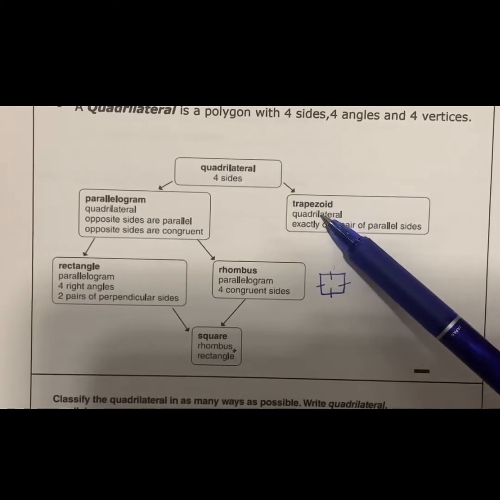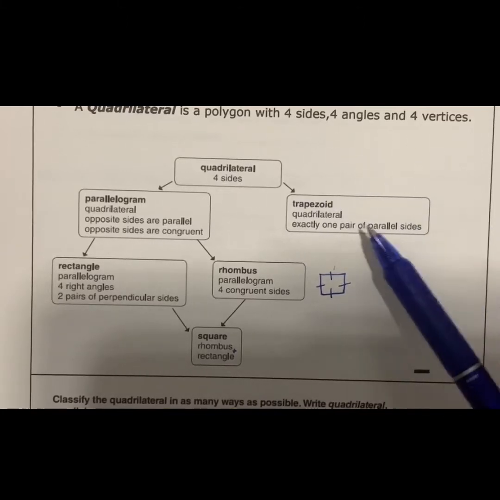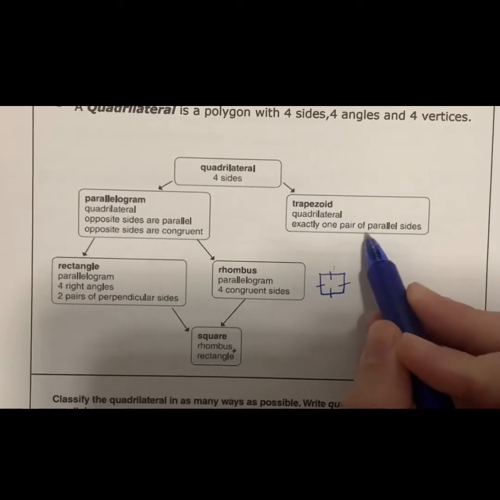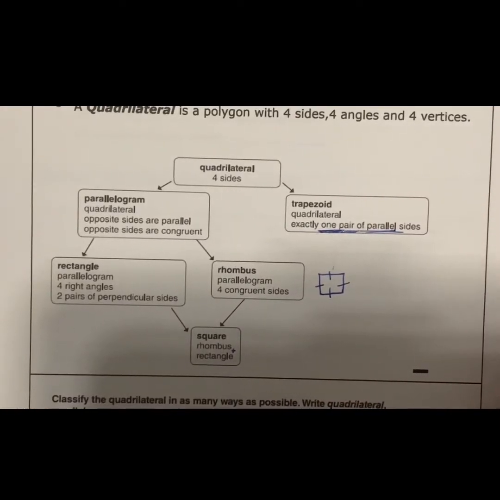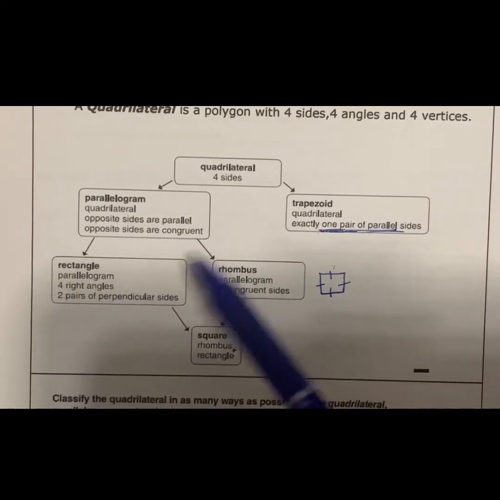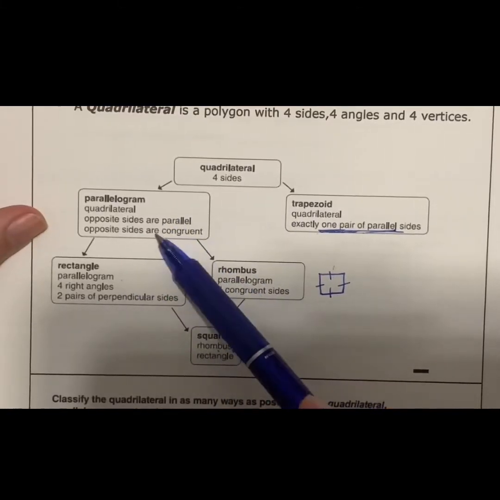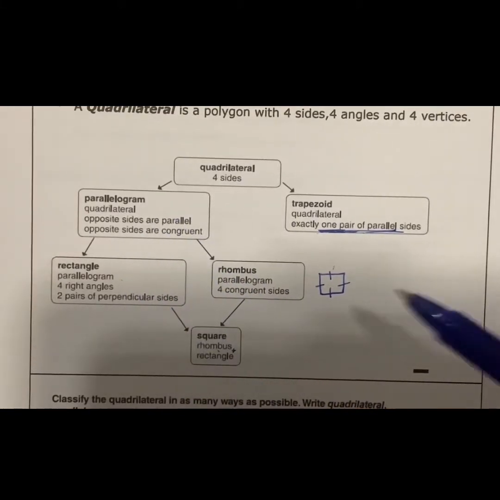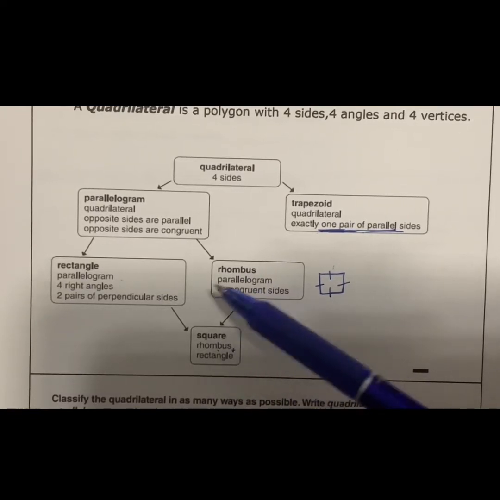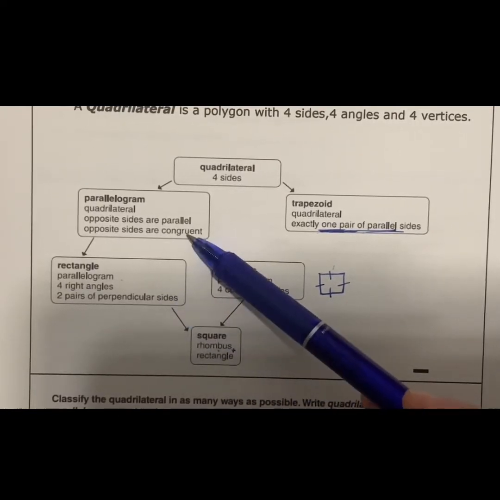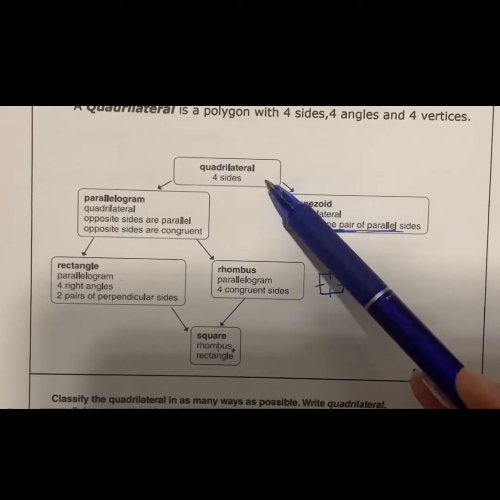It's a quadrilateral, but the difference is that a trapezoid only has one pair of parallel sides, only one, where all of these have 4, because these are all parallelograms. See how it comes under here? So if we go up, we're going to say a square is a rhombus and a rectangle, and a parallelogram and a quadrilateral. And a trapezoid is just a quadrilateral.